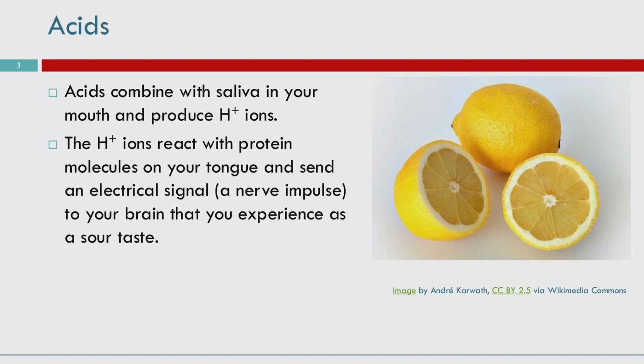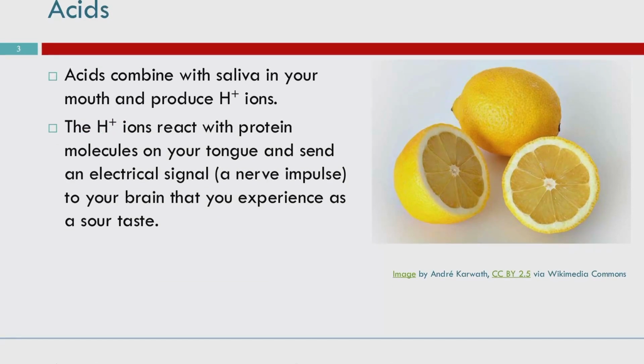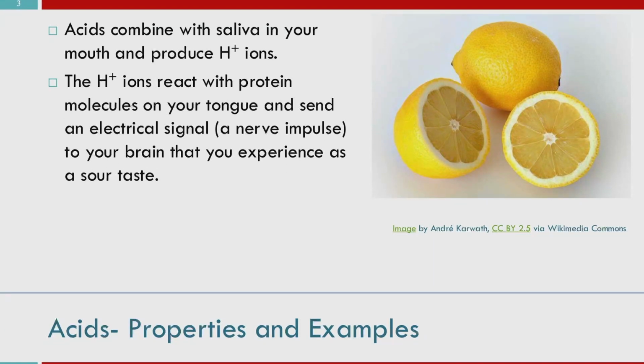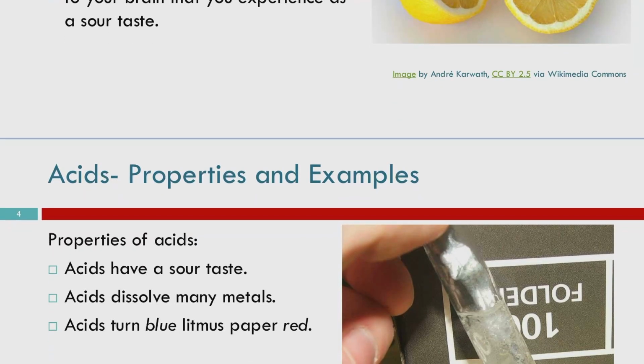So this is commonly why chemists might say that protons are sour. Those H+ ions, those protons, react with things on your tongue and send electrical signals to your brain that you experience as a sour taste. If you get them in your eyes, it doesn't send that sour taste to your brain because your eyes don't have taste buds. It just hurts.